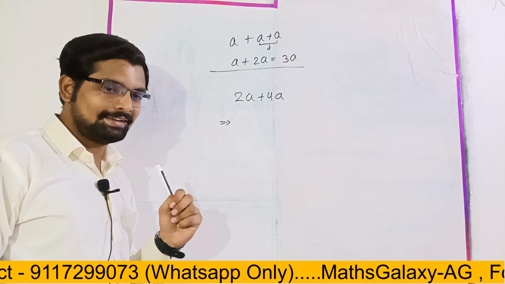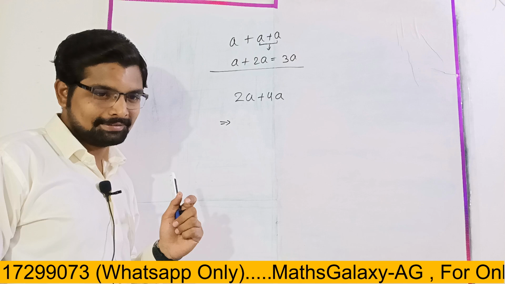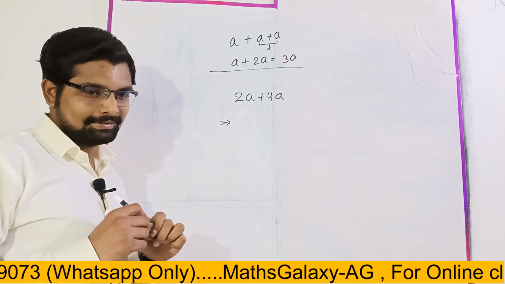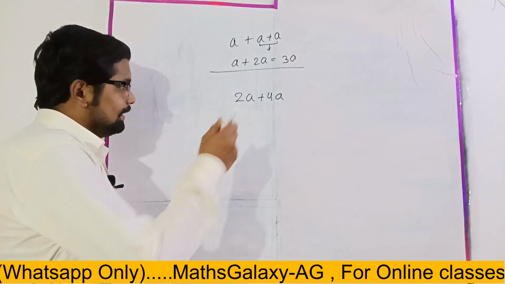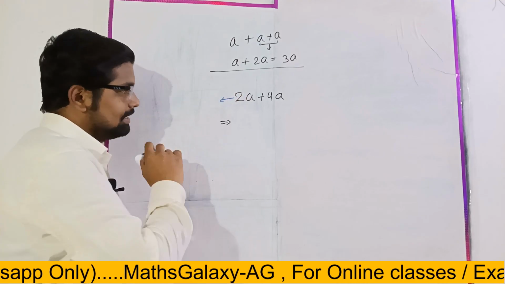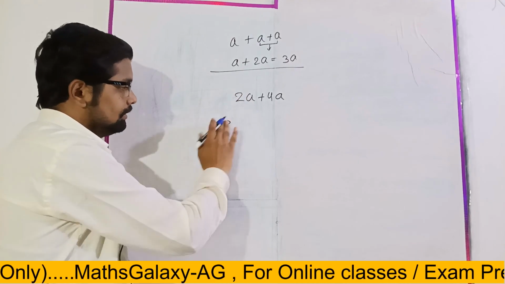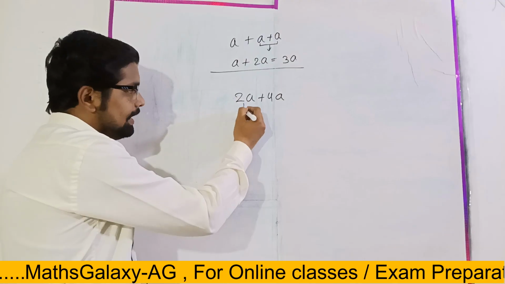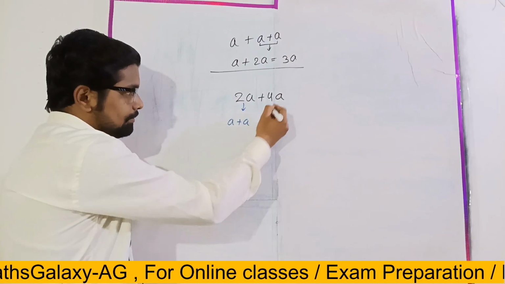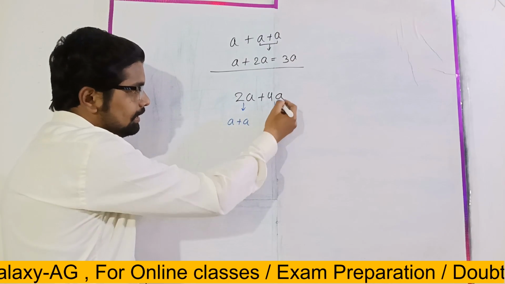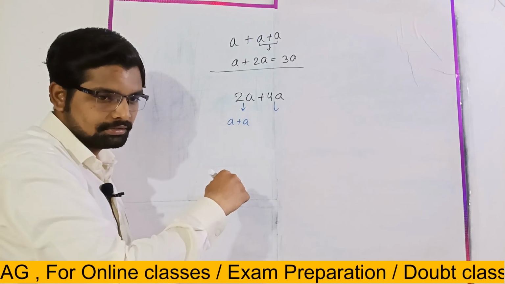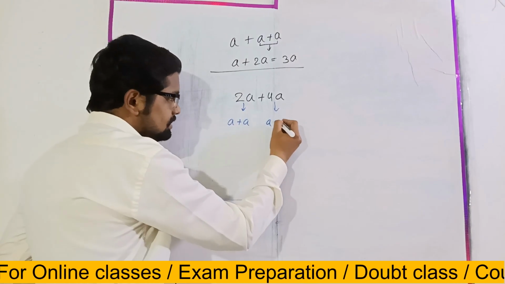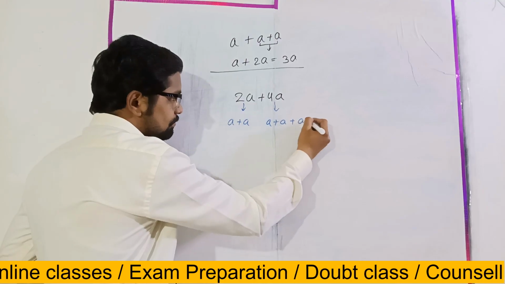2a plus 4a, it will be, let's see here. As here a is 2 times, right? 2a means we are adding a 2 times, and here we are adding a how many times? 4 times. Means a plus a plus a plus a plus a plus a.